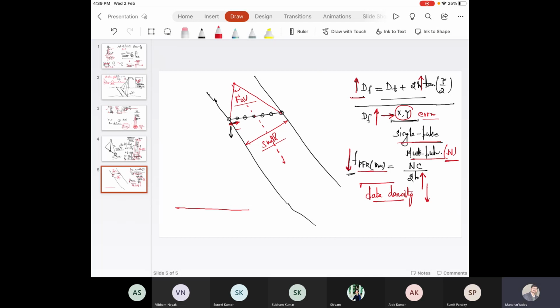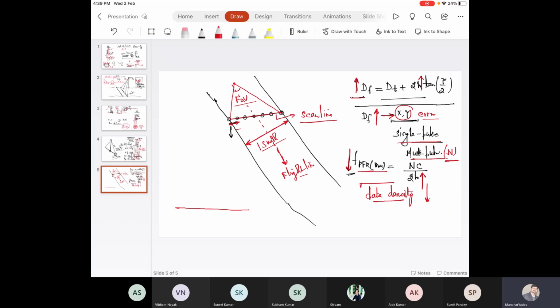This direction is called the flight line direction, and this is called the scan line. These terminologies you need to remember.